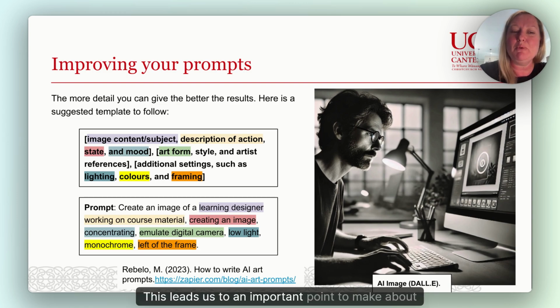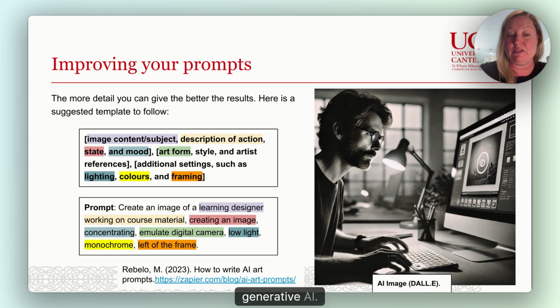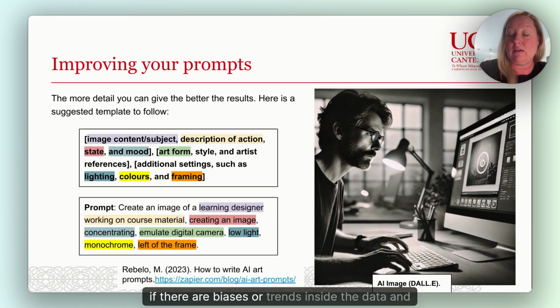This leads us to an important point to make about generative AI. Generative AI is trained on billions of data points. Therefore, if there are biases or trends inside the training data, this will also manifest in the output.